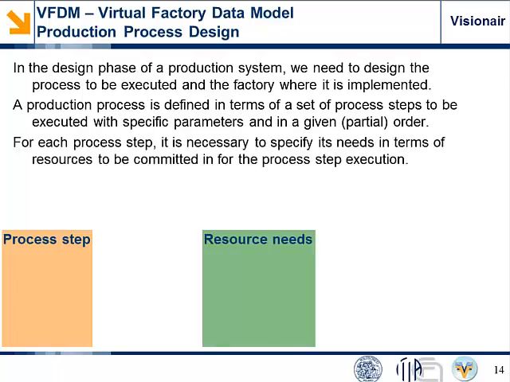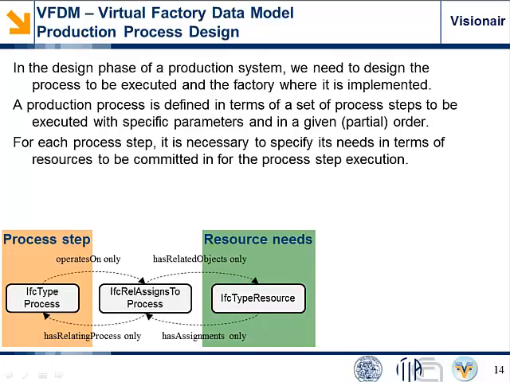For each process step, you usually associate a set of needs in terms of the capability needed by the resources that are going to execute that process step. It must be said that at this phase of design, you don't need to have an already existing production system.